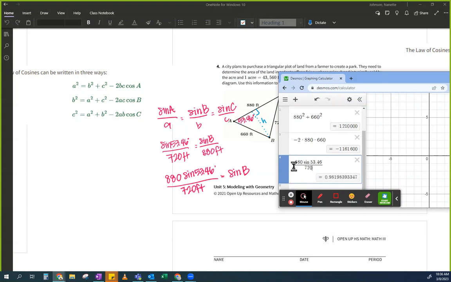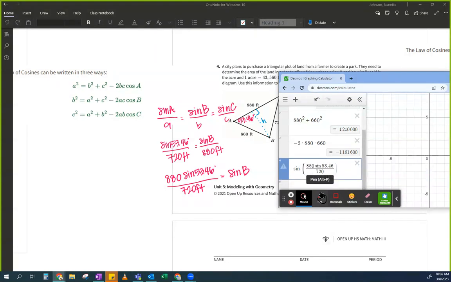And then I say, hey, how do you get B out of sine? How do I get B out of sine? Someone says, sine inverse, Miss Johnson. Very good. Sine to the negative first is what you would type in there. So my final answer is 79.11 degrees. That's B.